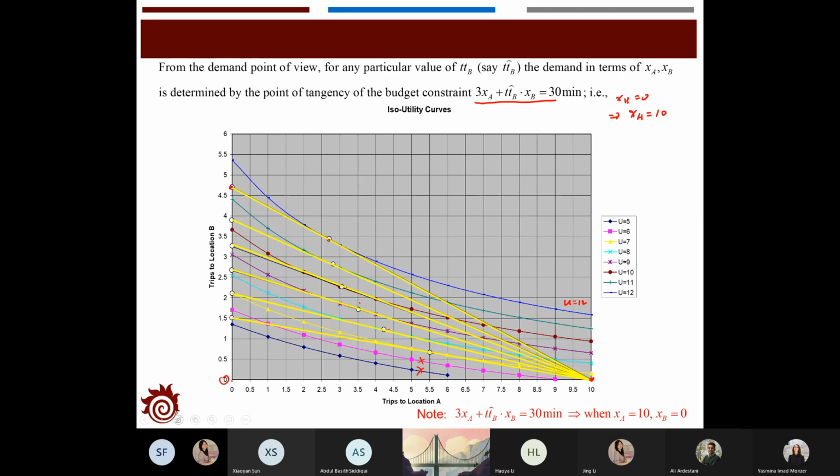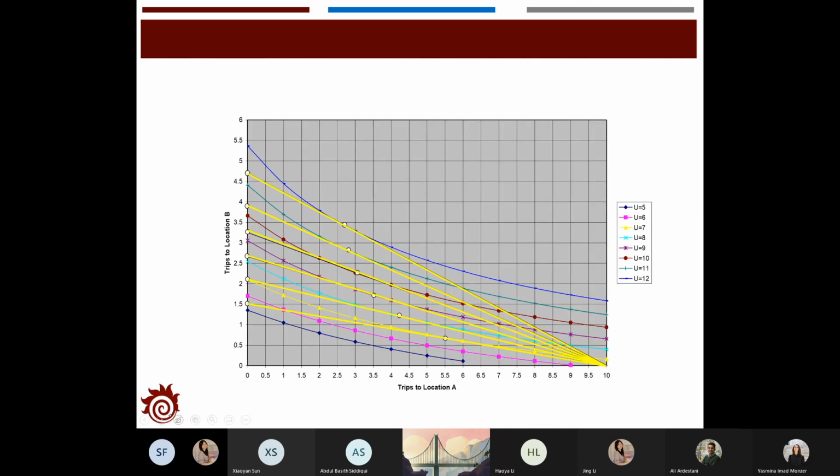Now you have all these tangent points and intercepts. Using this information, we can determine the demand curve for this problem. Assume that for all the intercepts, it will be XB1, XB2, until XBn. Say there will be n budget lines you draw from this origin point and tangent to the isoutility curve.